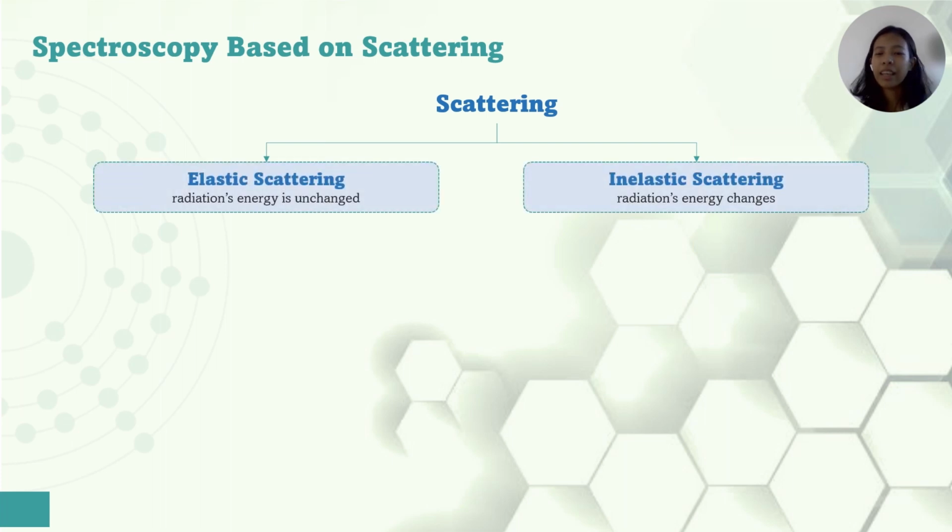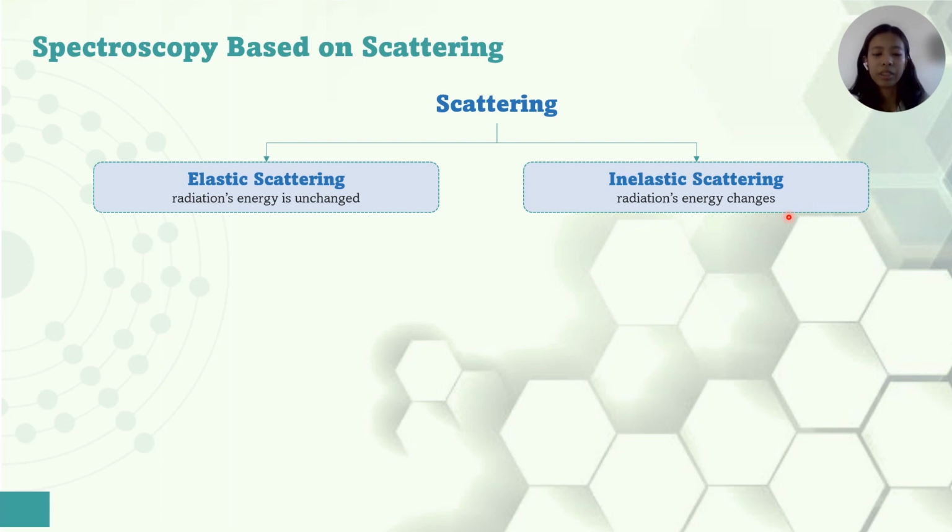For elastic scattering, the energy of radiation that is absorbed and re-emitted by the analyte remains unchanged. That's why it's elastic. In inelastic scattering, there is an observed change in the energy of the radiation absorbed and re-emitted by the analyte. Elastic scattering can be further classified into two.